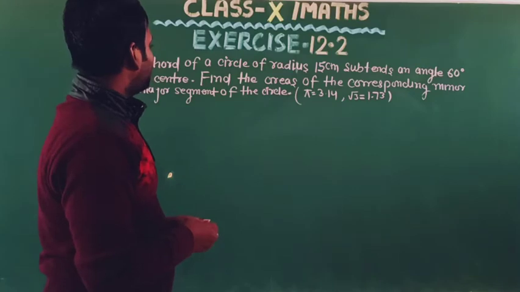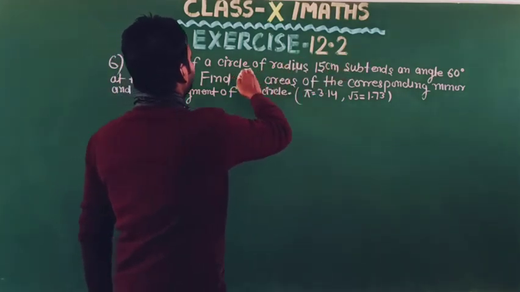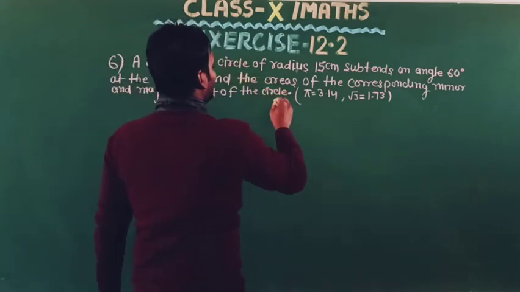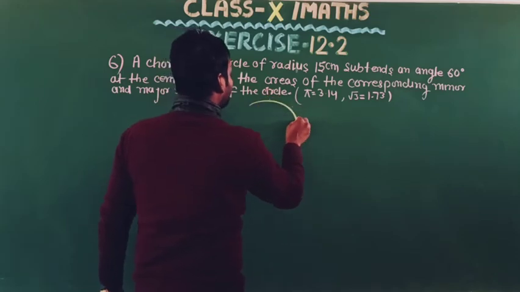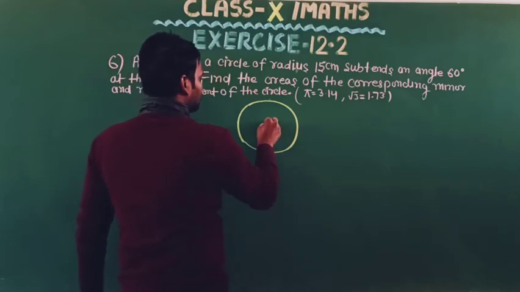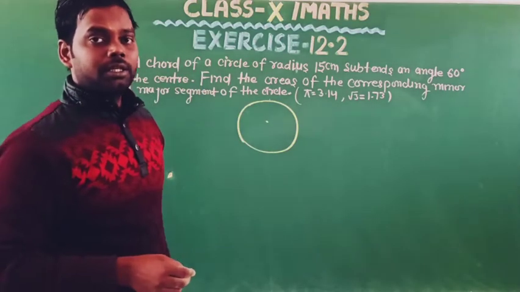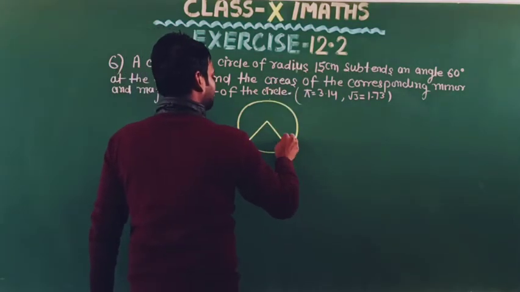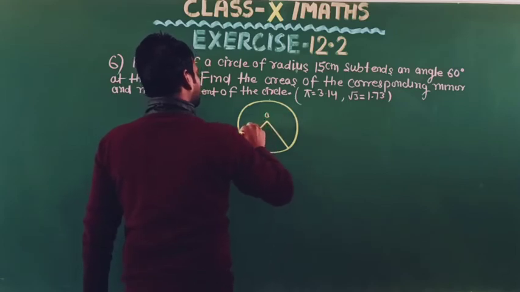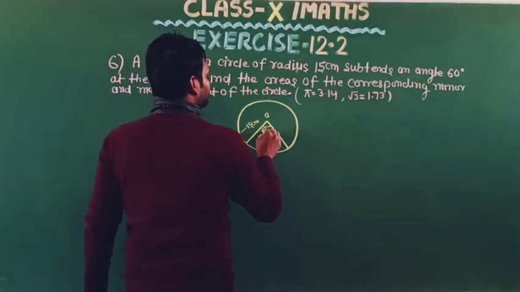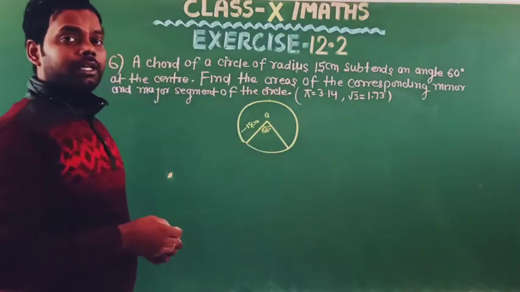So dear children, basically in this question we have a circle having radius 15 centimeter, and a chord subtends an angle of 60 degrees at the center.